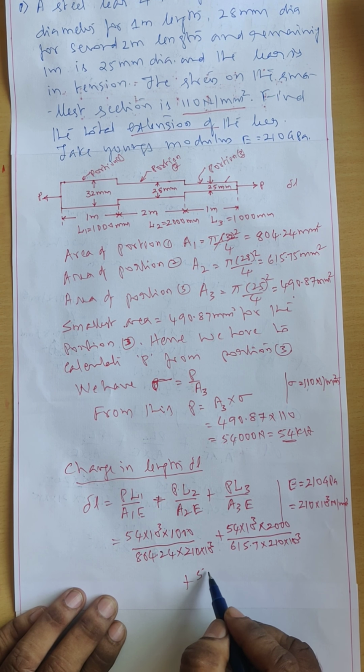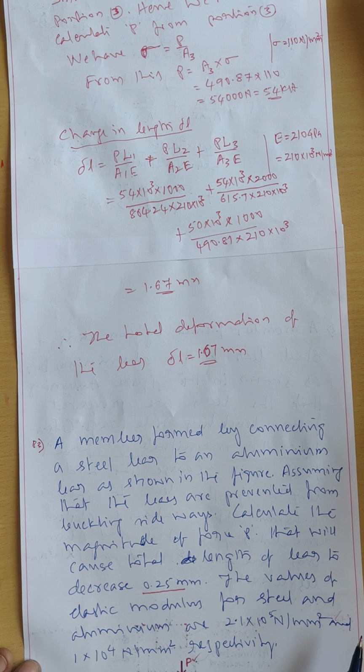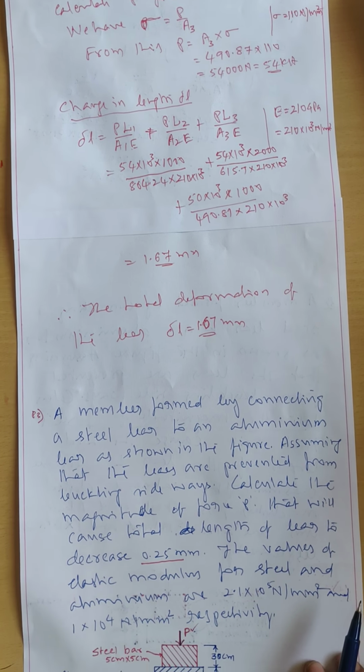Assuming that the bars are prevented from buckling sideways, calculate the magnitude of force P. Here also we have to calculate what is P, such that it will cause the total length of the bar to decrease 0.25 mm, means it is change in length. The values of elastic modulus for steel and aluminium are 2.1 into 10 to the power 5 Newton per millimeter square and 1 into 10 to the power 4 Newton per millimeter square respectively.